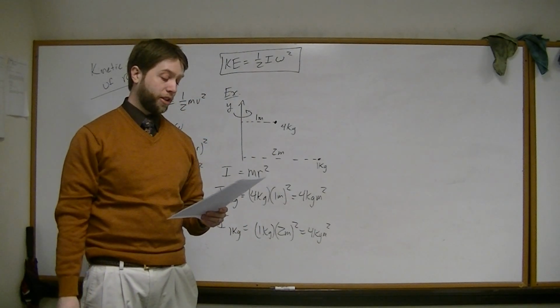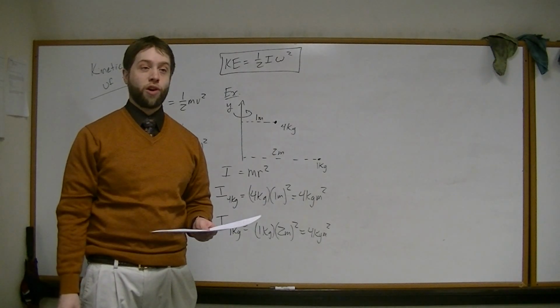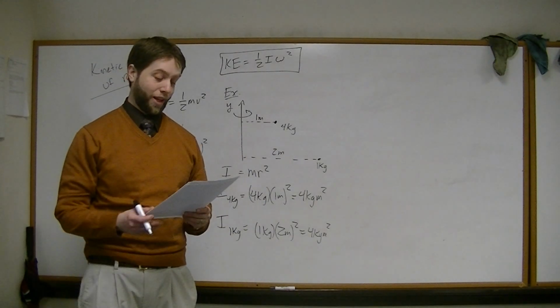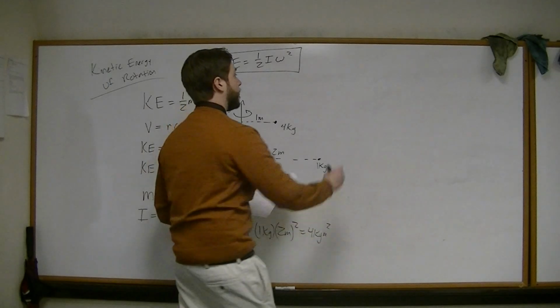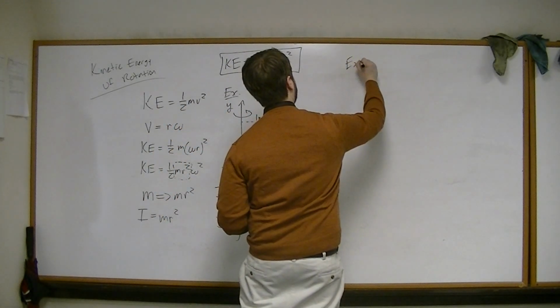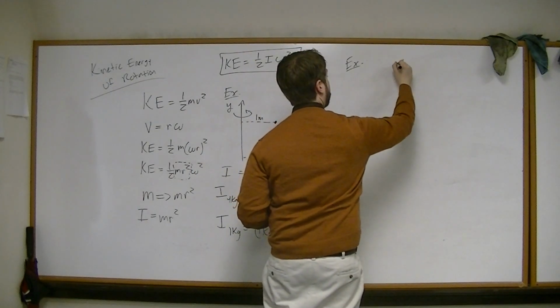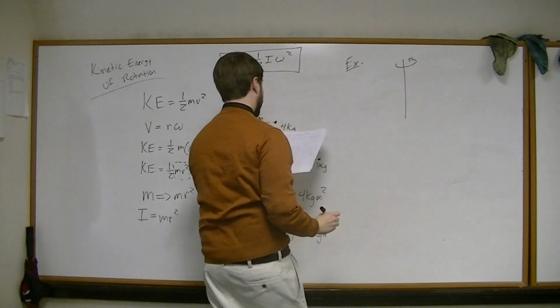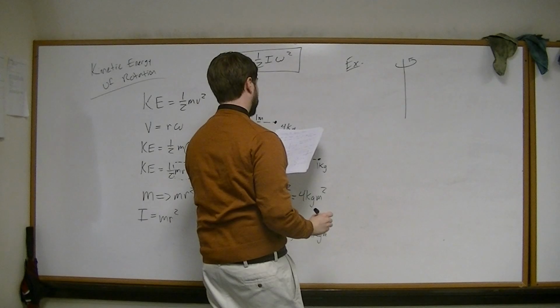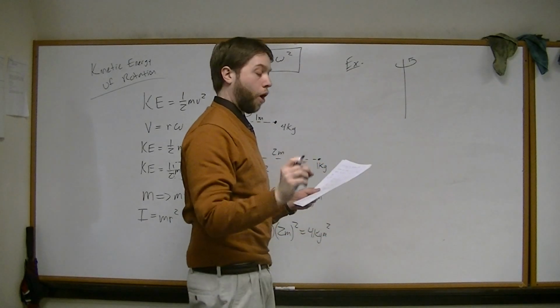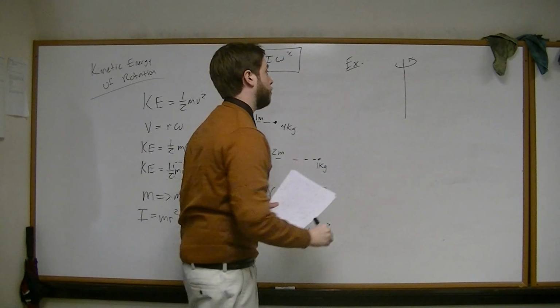Now this is all well and good until we start getting to objects that are not point-like. So say we have the axis of rotation here, and we have a small, thin rod.